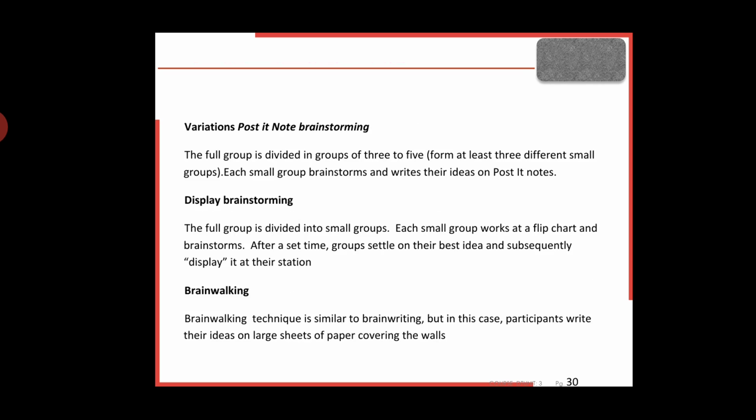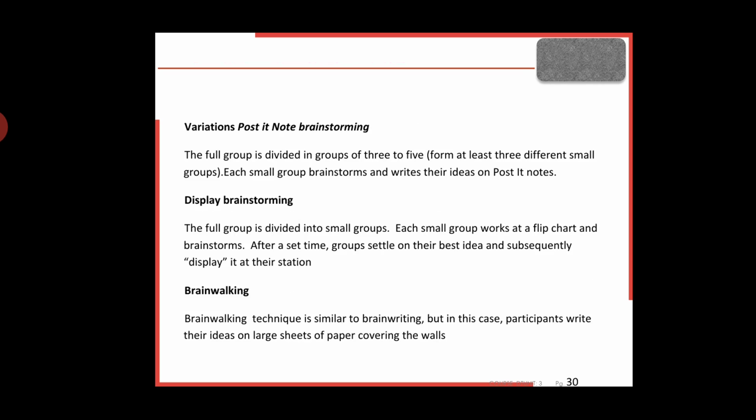Okay, what I meant to say in the sense, the full group is divided into groups of 3 to 5, forming at least 3 different small groups. So each small group brainstorms and writes their ideas on post-it notes.